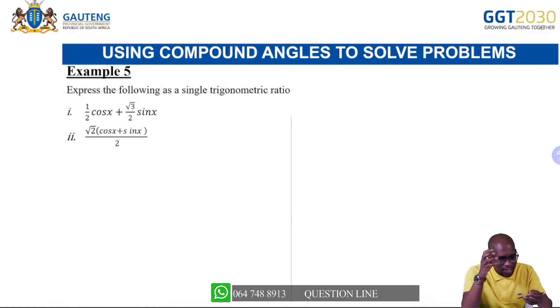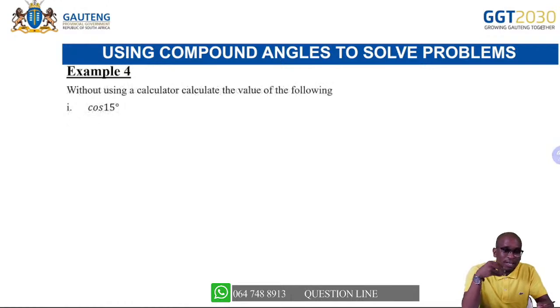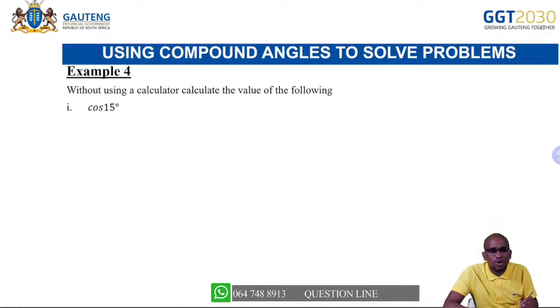Within that 15, there exist compound angles. Now, how do we get those compound angles? We are going to check our special angles. Check any two special angles that can add or subtract to 15, because 15 is a very low number.